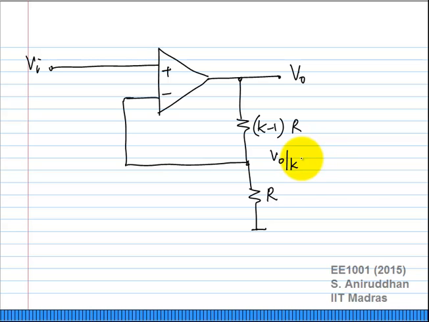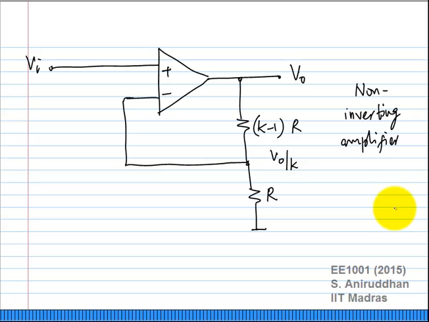You might have seen this in several other places. Where have you seen this kind of picture before for this circuit? Workshop probably, right? Or maybe if you have an electronics hobby, you might have seen this. This is what is called a non-inverting amplifier. This is called a non-inverting amplifier configuration.